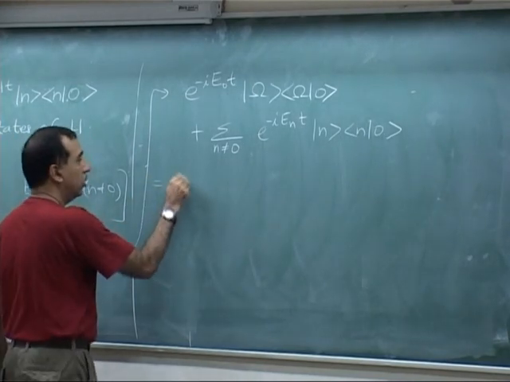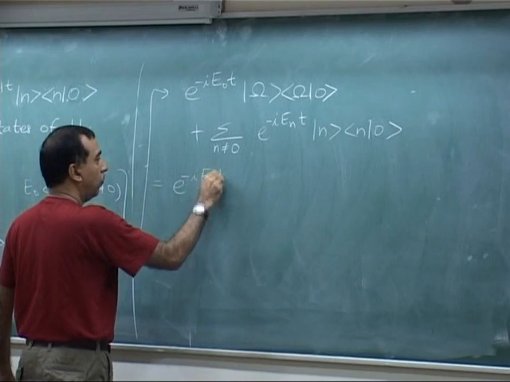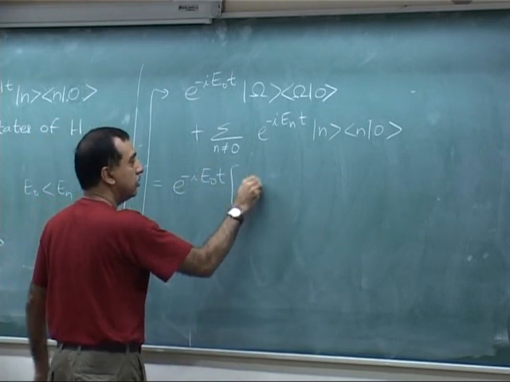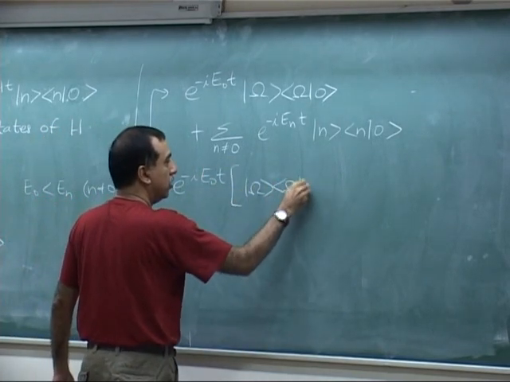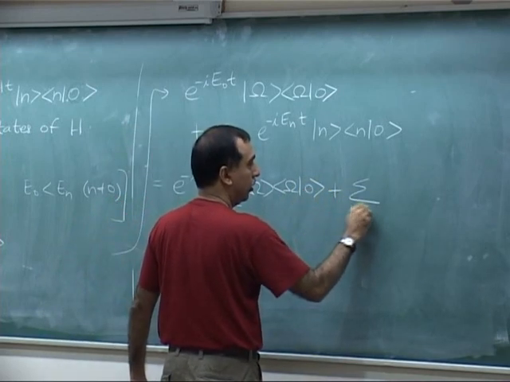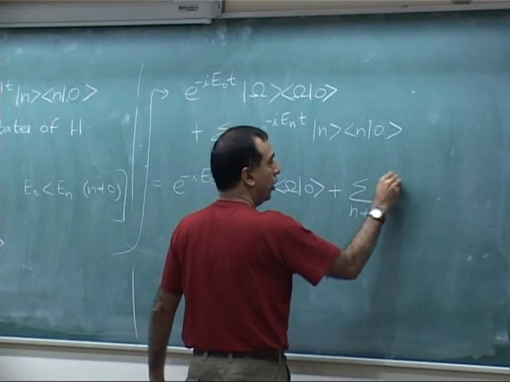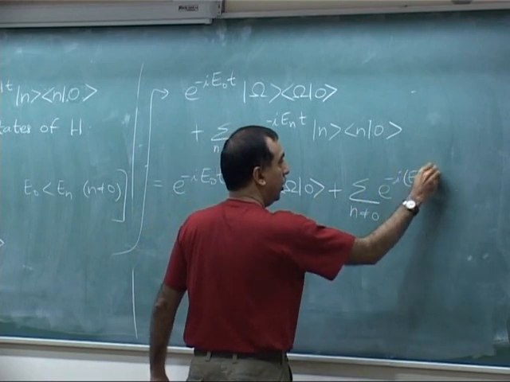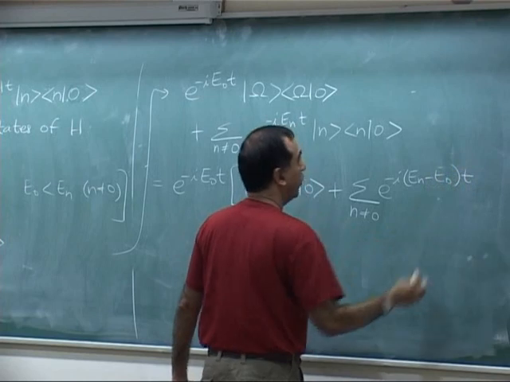Now I take this factor out and I can write this as |Ω><Ω|0> plus the summation over n not equal to 0 of e to the minus i (En minus E0) t |n><n|0>.